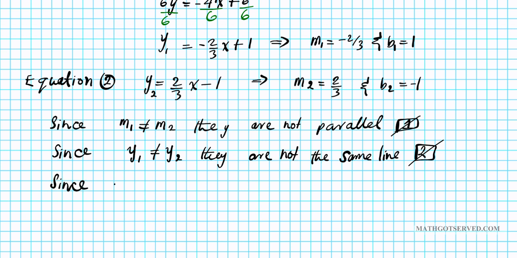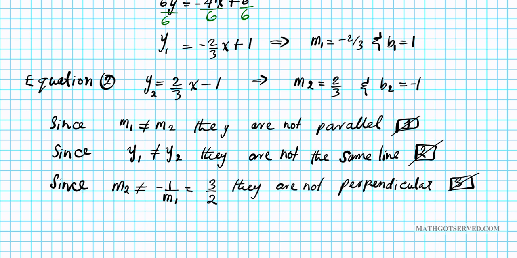Since M2 is not equal to negative 1 over M1, which is 3 over 2, that automatically means that they are not perpendicular. All right, so what does that tell us about option 3? That's not the answer. Okay, by method of elimination, our answer should be option number 4.